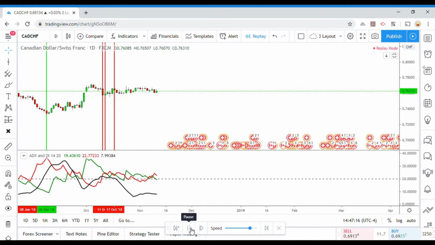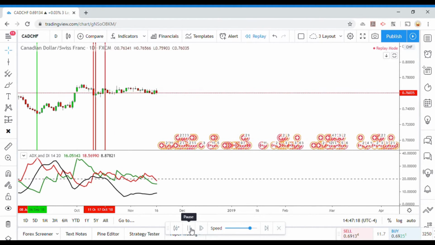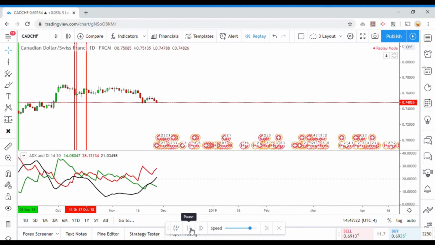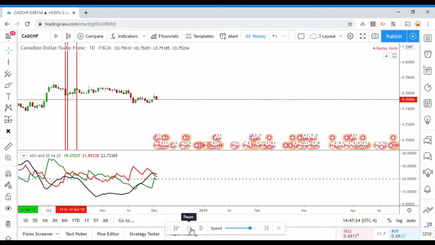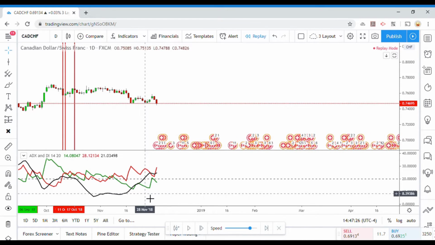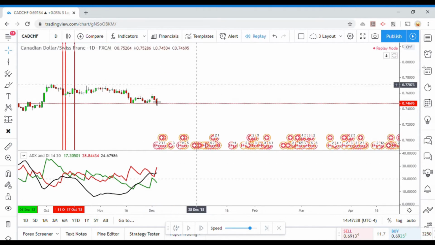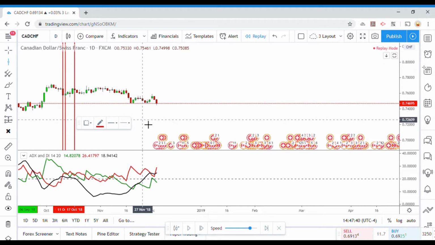And then the signal line went below. We're moving into December. But we got a short signal here as it crossed. This would have been our entry.